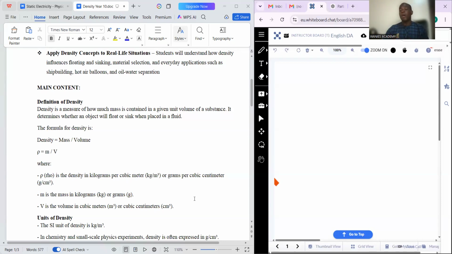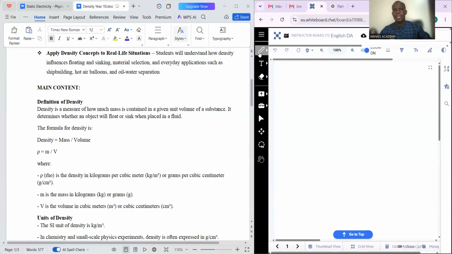So now we have a formula to calculate that. The definition mentions two parameters, mass and volume, and we bring the two together to determine the density of objects.